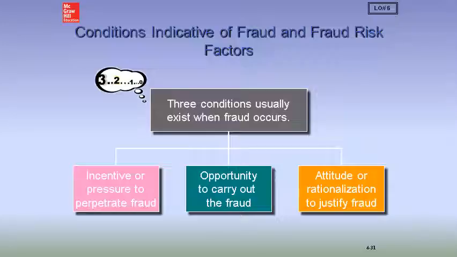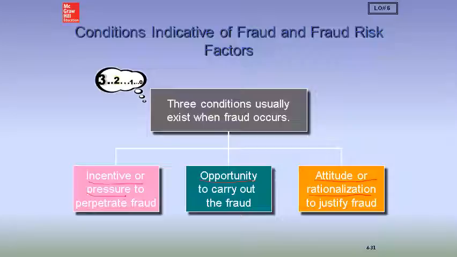Okay, so we said that we're going to look for the fraud risk factors, and there are three fraud risk factors that we have over the years seen are present when fraud exists. We have incentive and pressure, opportunity, and attitude, a poor attitude, or rationalization. Now let's think about these.